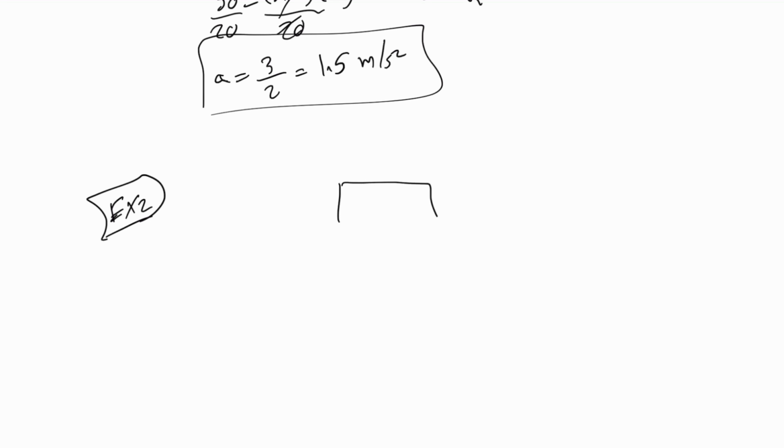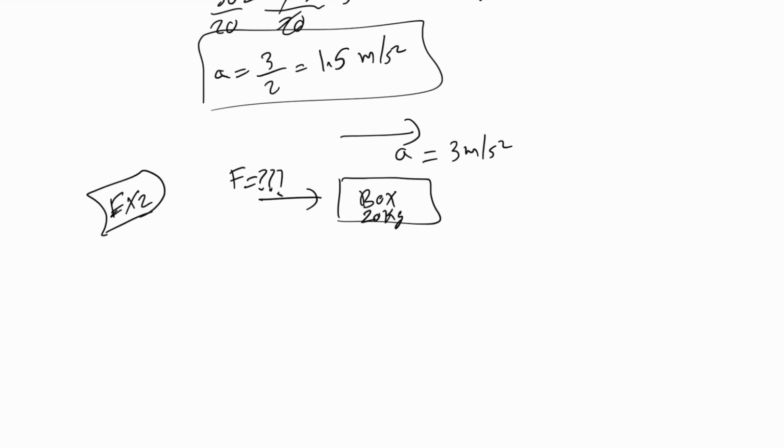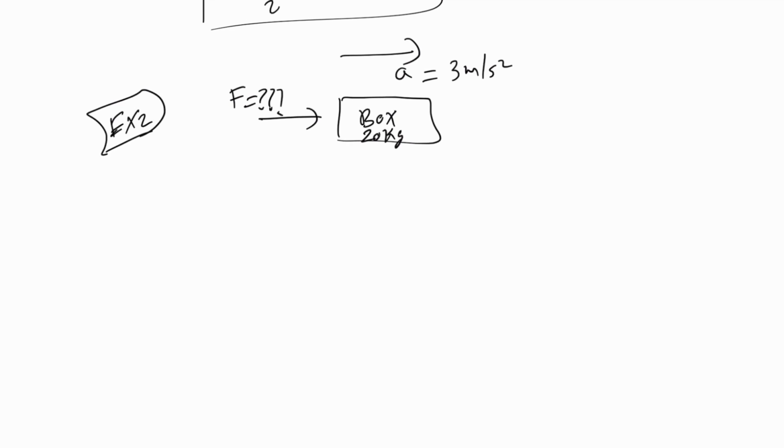You have the same box, let's say 20 kilograms, and the acceleration of the box to the right is 3 meters per second squared in this direction. What is the force causing this motion? We're going to follow the same steps. Write down what's given to you. I have the acceleration, which is 3 meters per second squared. The mass is 20 kilograms, and I'm trying to find the force.